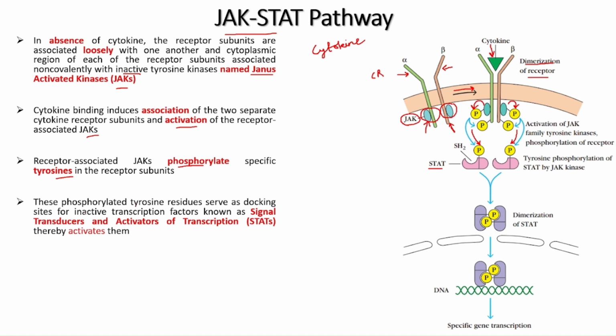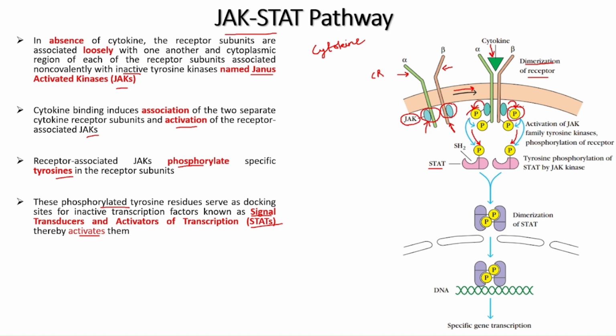So what is the next step? These phosphorylated tyrosine residues serve as docking sites for inactive transcription factors known as signal transducers and activators of transcription, STATs, which then become activated.